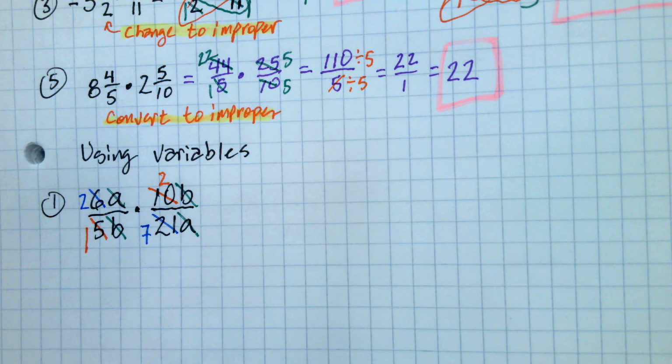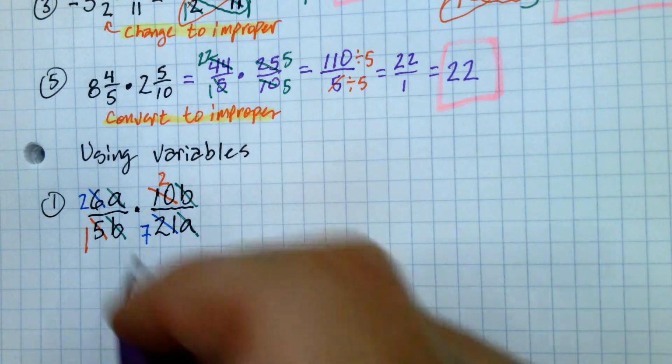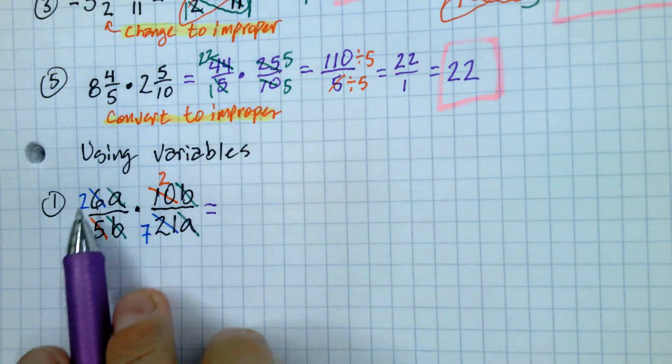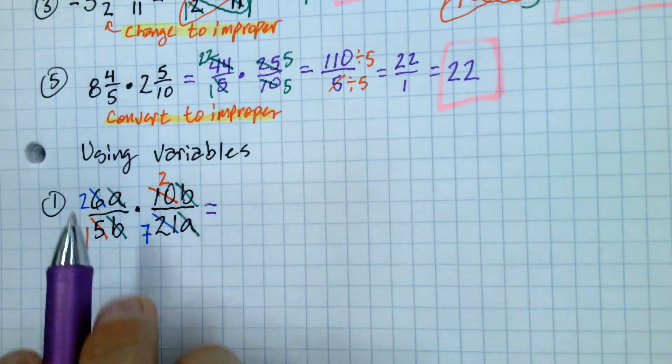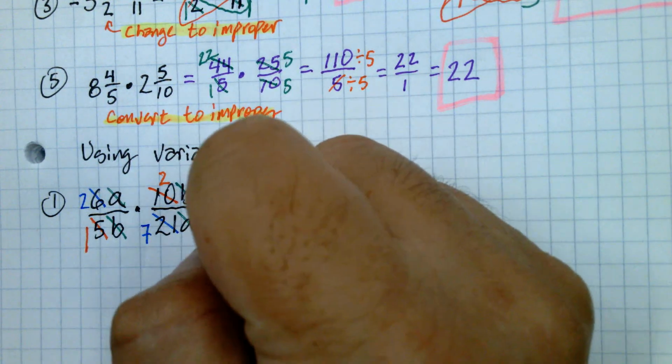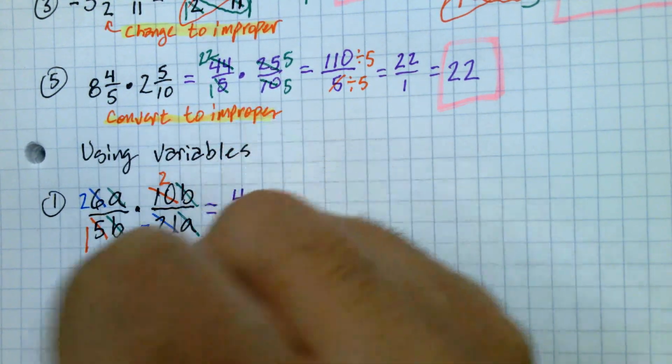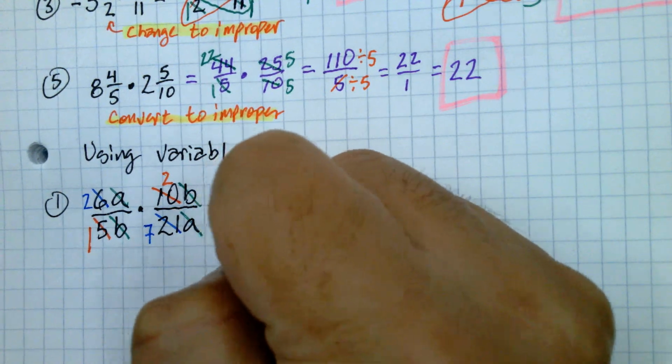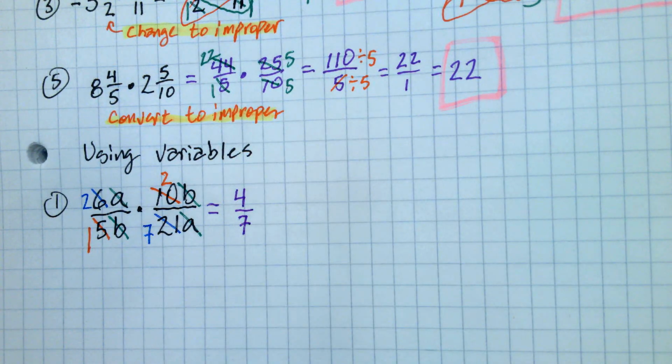So I got all of this, but I canceled out variables. They're gone. Let's see what I got left. I got 2 times 2. I still have 2 times 2. I got 1 times 7, so that's 7. So in the end, after everything cancels, I get 4/7.